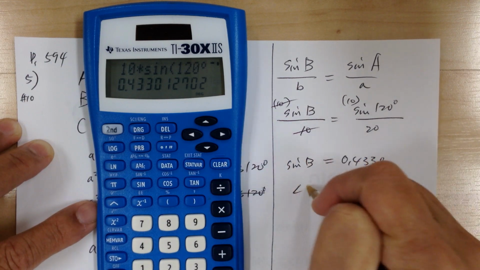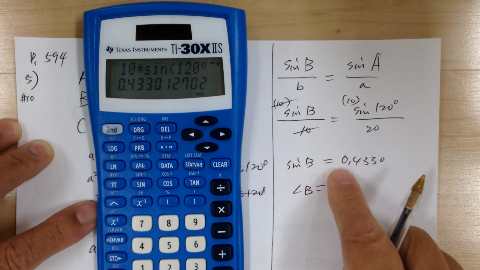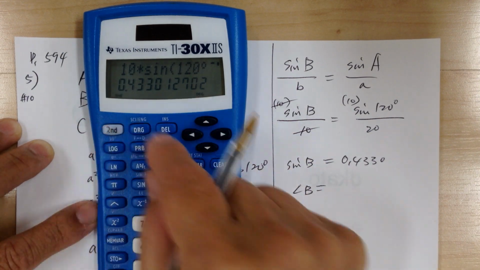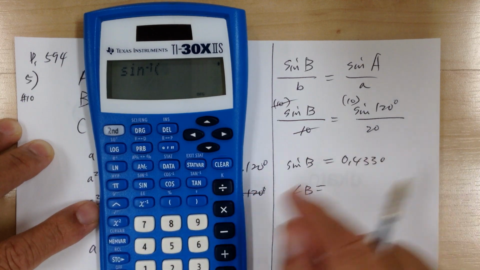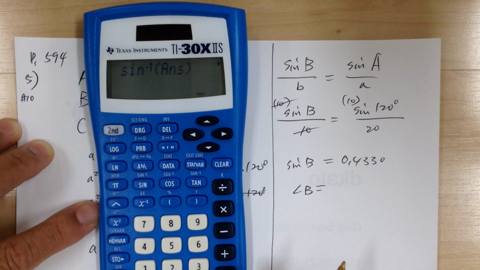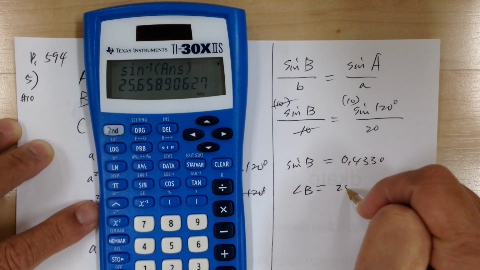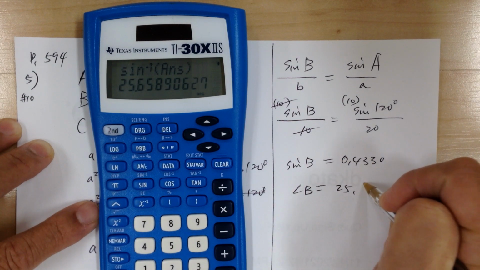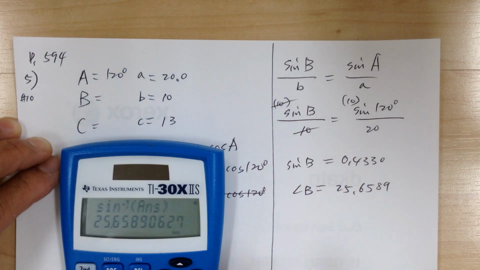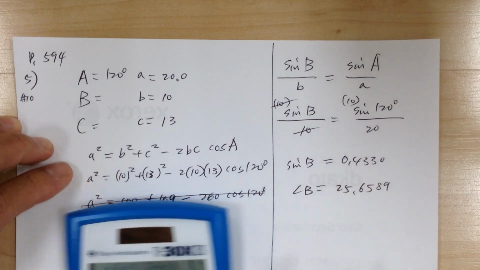Then I'm going to find angle B by taking the second function of that. Whenever you're looking for an angle, you have to use the second function. So second sine of the answer I got from before, push equal, so it'd be 25.65. When you round it off to 3 digits, it would be 25.7 degrees.